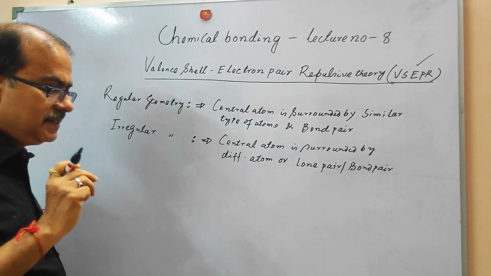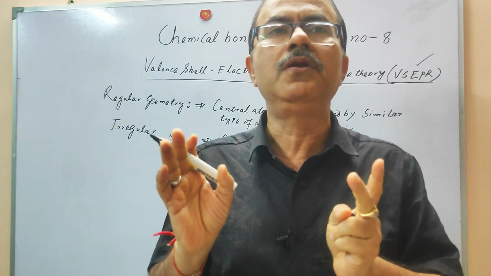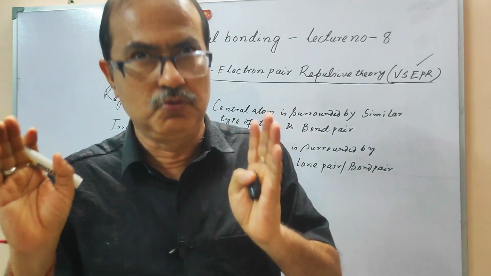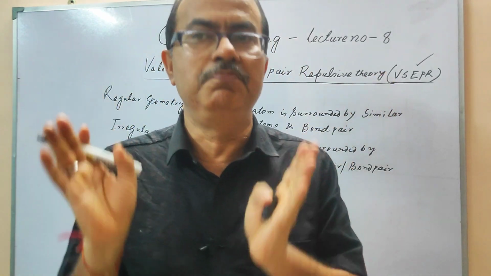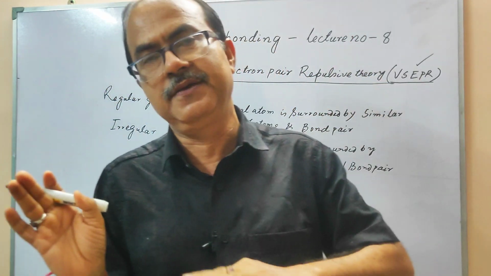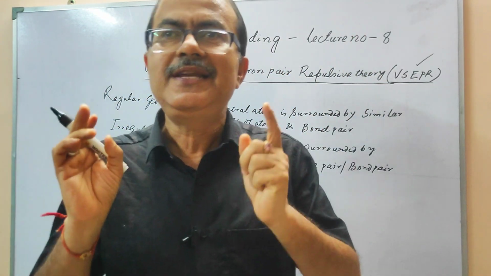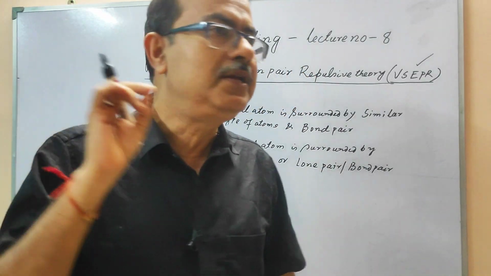They say that the valence electrons are divided into two parts: lone pair electrons and bond pair electrons. The electrons are utilized as lone pairs and bond pairs, and lone pair and bond pair repulsive interaction is observed. Why is it so?